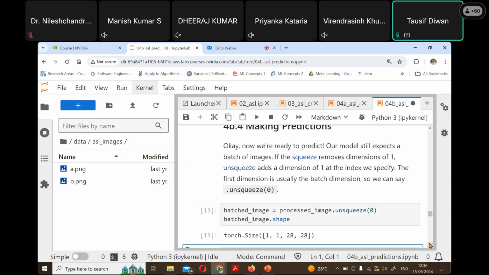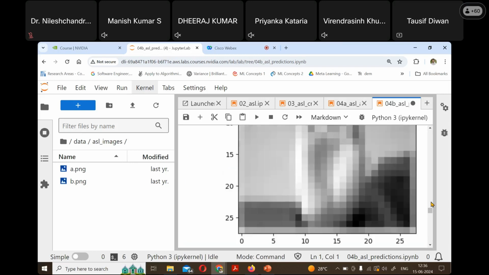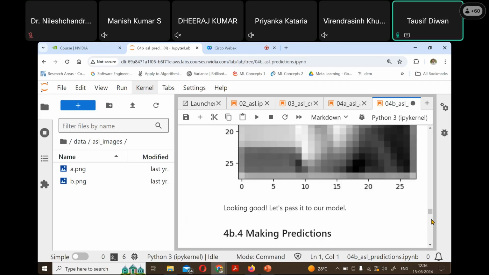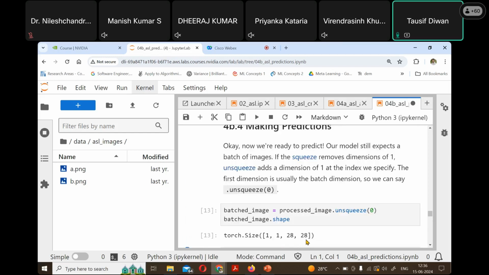See, the previous shape is 1 by 28 by 28. Now the new shape is 1 by 1 by 28 by 28. So 1 by 28 by 28 is the shape of one image, and this extra 1 indicates the number of samples in the batch. Here there is only one sample in the batch.